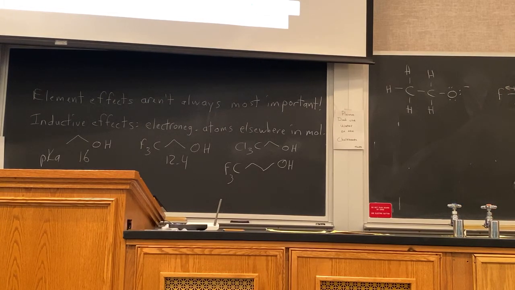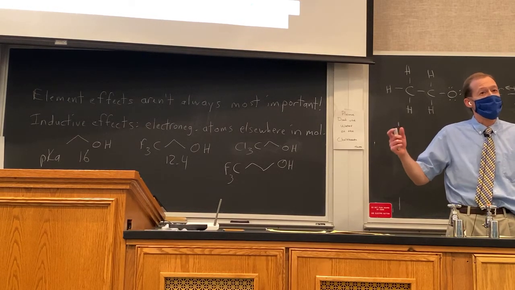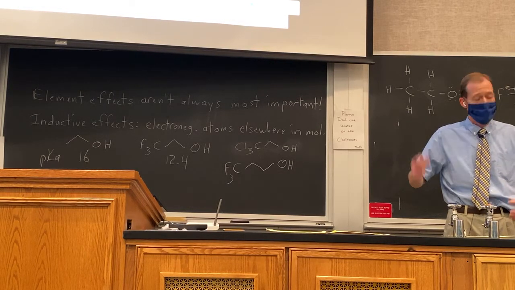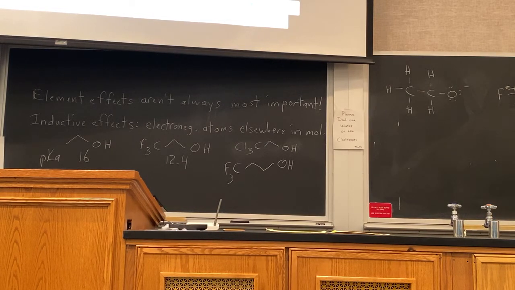Would it be a stronger or weaker acid than trifluoroethanol? It would be a weaker acid because we have more sigma bonds. We have one more sigma bond in between the fluorines and the oxygen than we do here. So we're going to have a weaker inductive effect. So the inductive effect is weaker if those electronegative heteroatoms are further away from the negatively charged atom in the conjugate base. It depends on distance, on the number of electronegative atoms you have, and on the atoms themselves. The more electronegative the atom is, the stronger the effect will be.